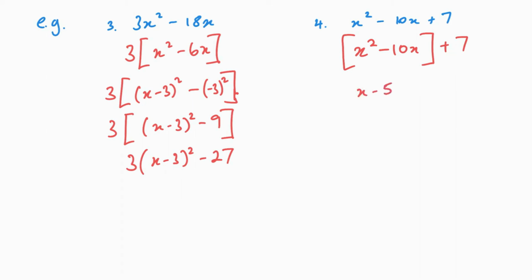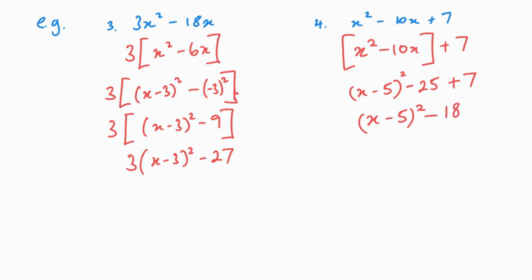It's x minus 5 squared minus, now minus 5 squared is 25. So this squared bracket here is going to give me this part. And then I need to remember I've got that plus 7. So x minus 5 squared minus 18.